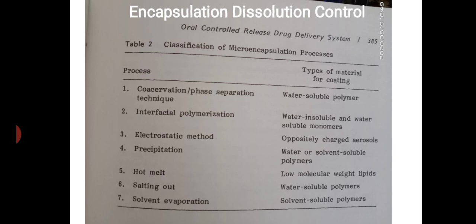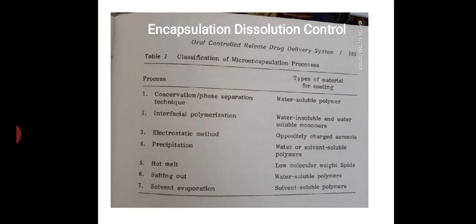That means the method of selection and the type of polymers are correlated. By using any of these methods, you can develop micro encapsulated drug molecules, and these can be further developed into a tablet, or incorporated directly inside a capsule shell.